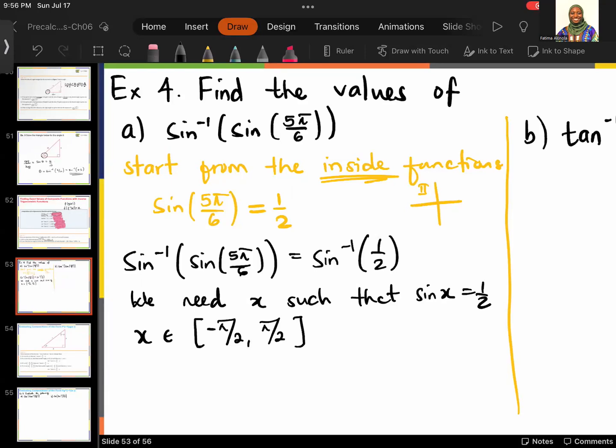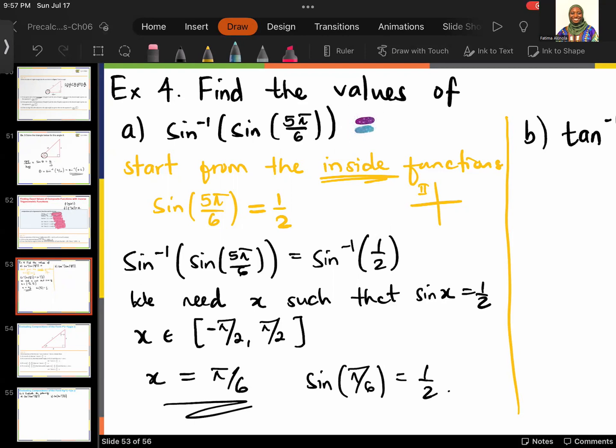Of course, in this case, the best person to be that is x equal to π/6, because sine π/6 is 1/2. So the final answer would be, oh, not 1/2, we need the angle, and that would be π/6.